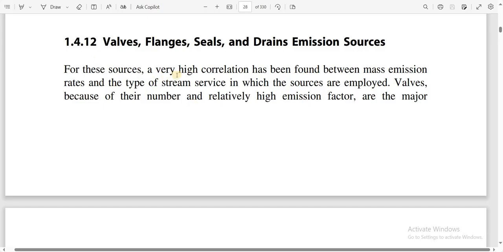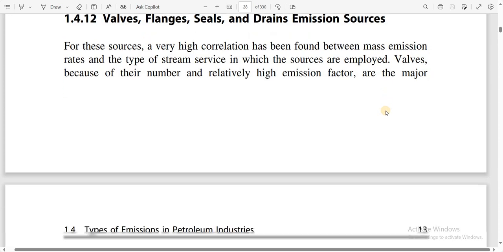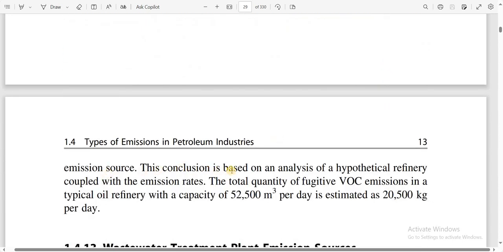For these sources, a very high correlation has been found between mass emission rate and the type of stream service in which the sources are employed. Correct, yeah. So valves, because of their number and relatively high emission factor, are the major emission source.